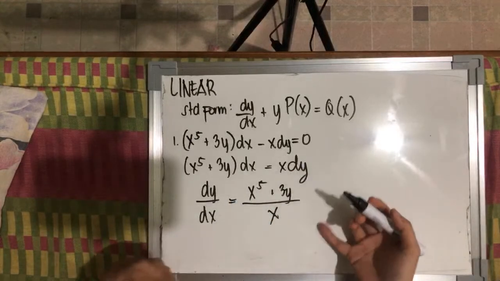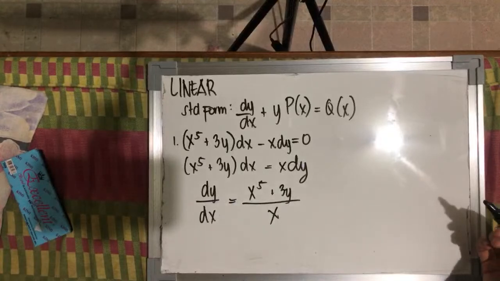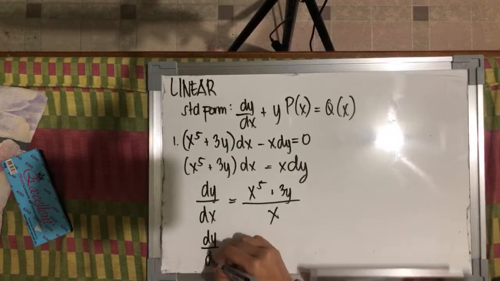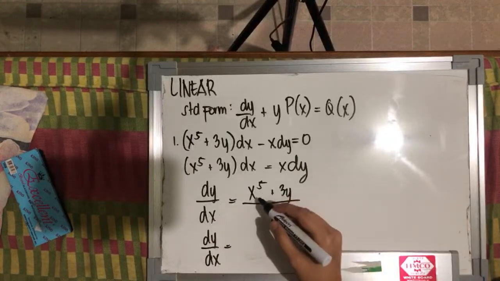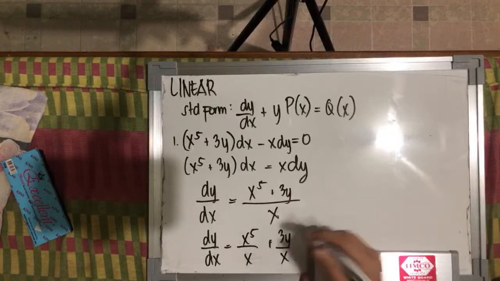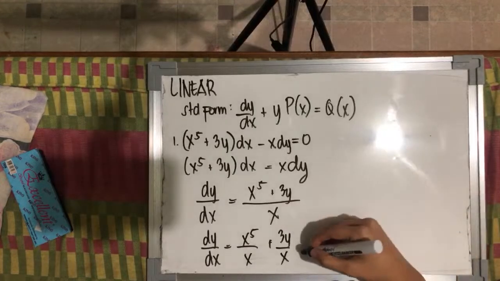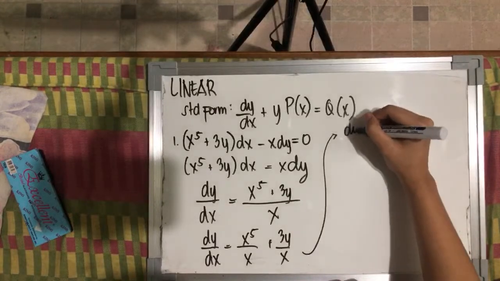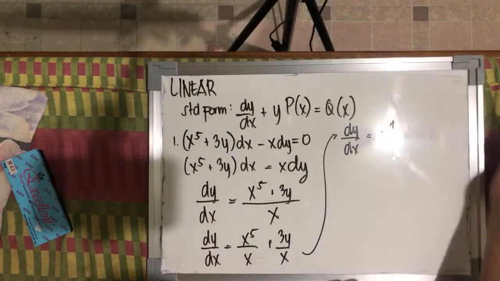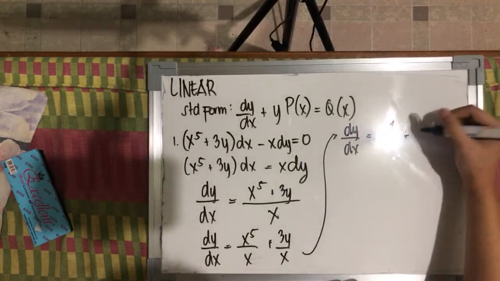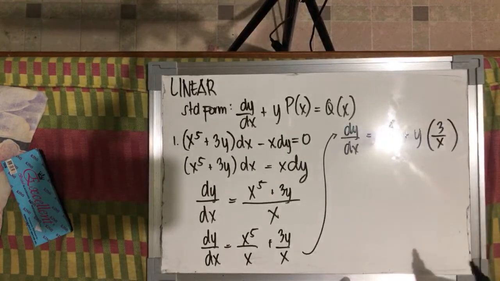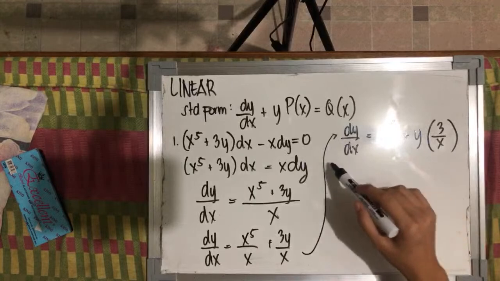I just cross multiply, then simplify: dy over dx is equal to x raised to 5 over x plus 3y over x, so dy over dx is equal to x raised to 4 plus y times 3 over x. Now it's in the form of linear.